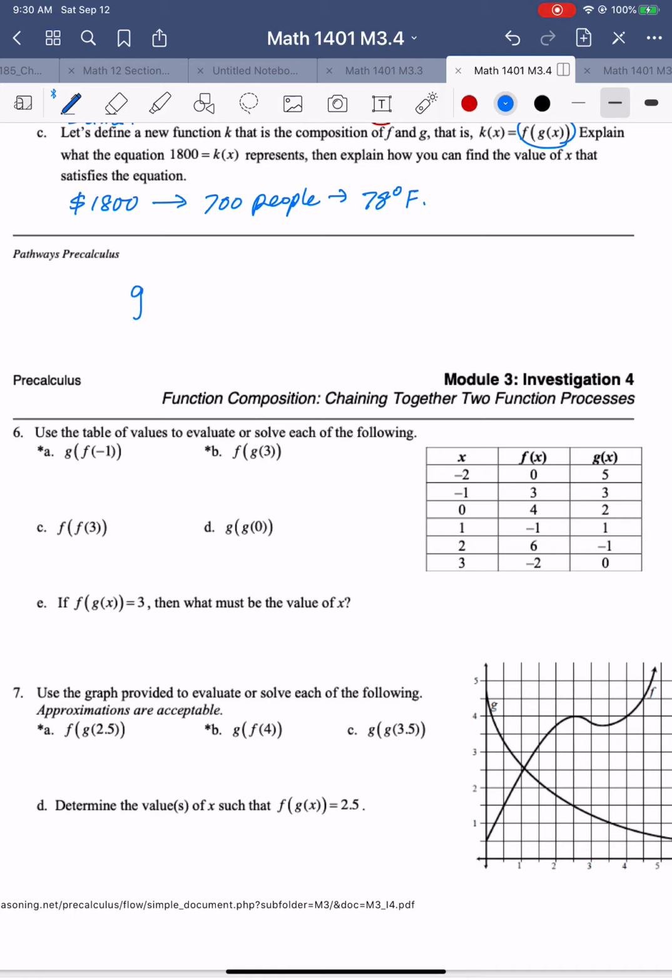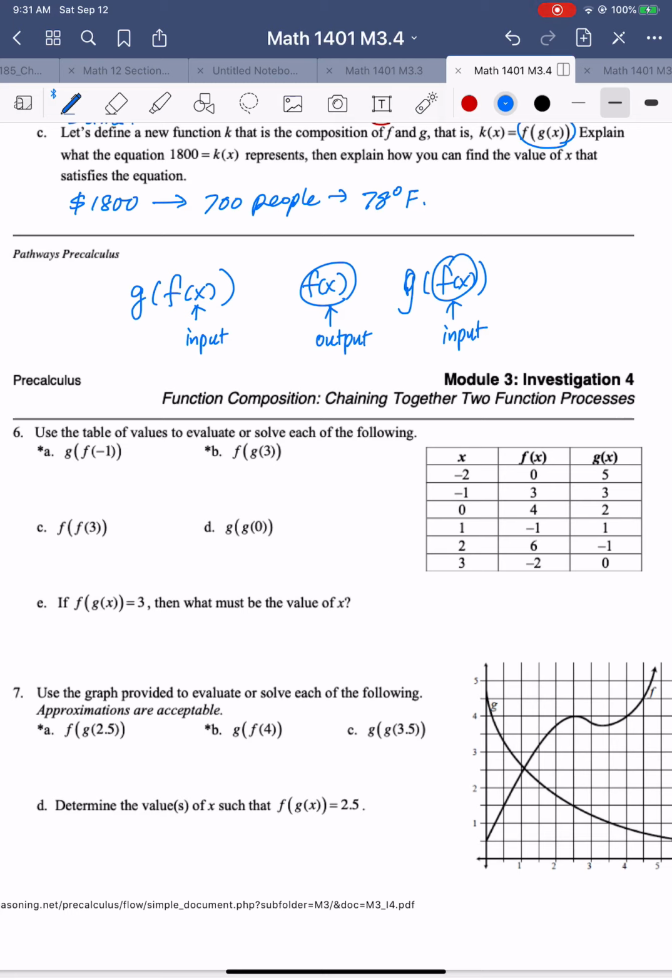Whatever g of f of x, the x in it is always the input. Then f of x by itself is actually the whole thing's output. But if you put it into the g function, it becomes input again.